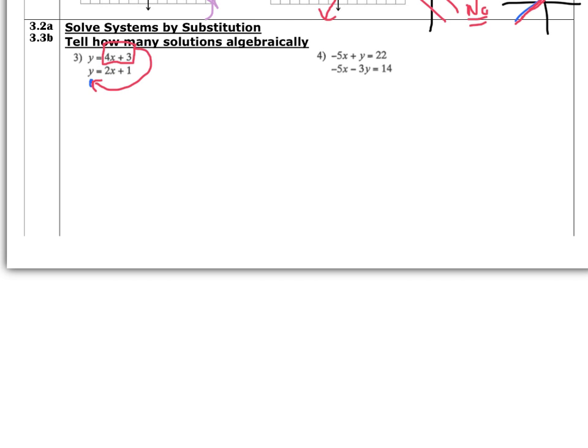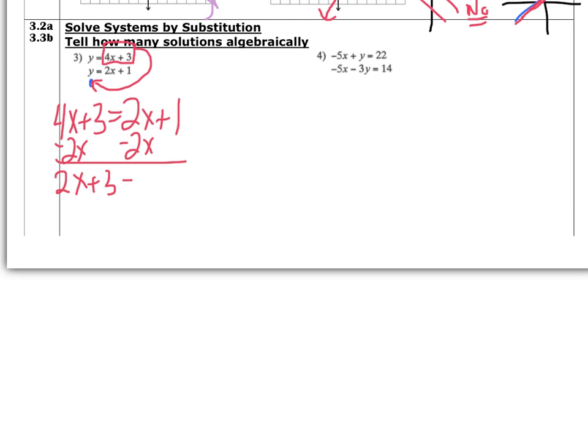When you do that, it's going to say 4x plus 3 equals 2x plus 1. If we solve this, I'm going to start by bringing the 2x over. So that's going to be 2x plus 3 equals 1. Subtract 3: 2x equals negative 2. Divide by 2.